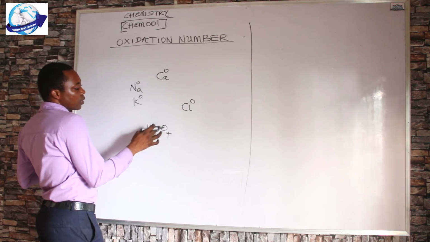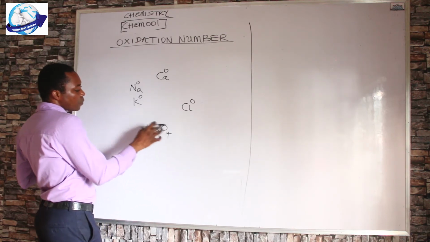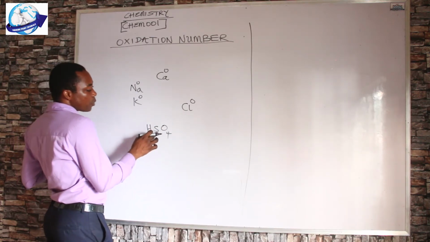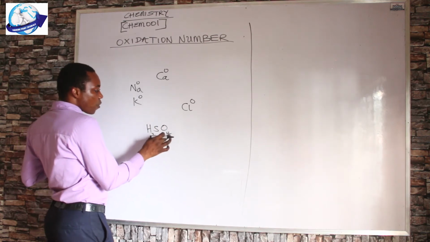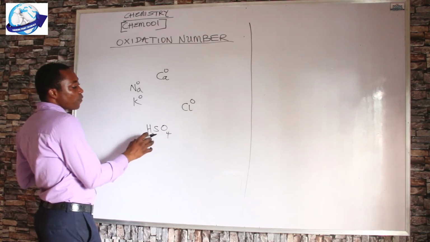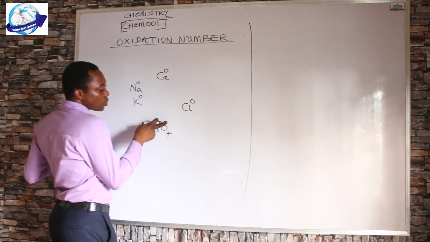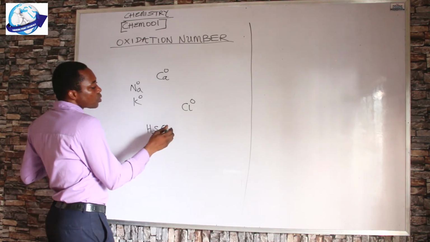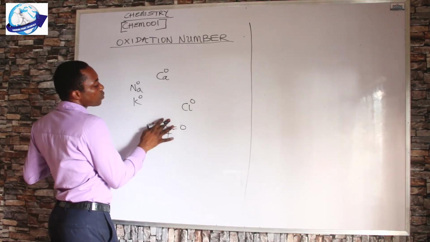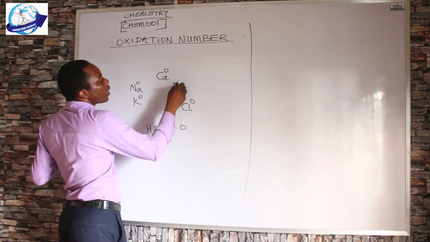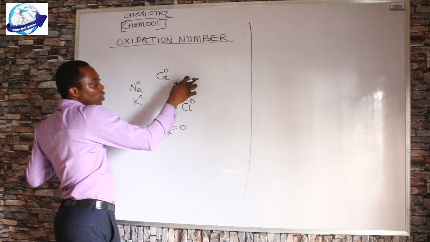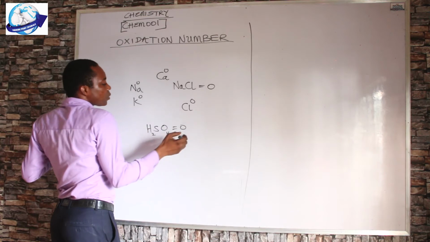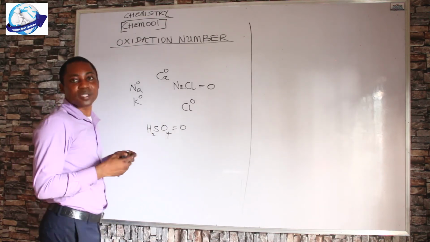Now, when you consider the atoms that form it, two atoms of hydrogen, one atom of sulfur, and four atoms of oxygen combined together to form this compound, and there's no charge written above it. It means that the oxidation state is zero. So you just write zero, or you can say equal to zero. Then, like in the case of sodium chloride, this is a compound, and there's no charge written on top. So it has an oxidation state of zero. But that's one of the things you should have in mind here.